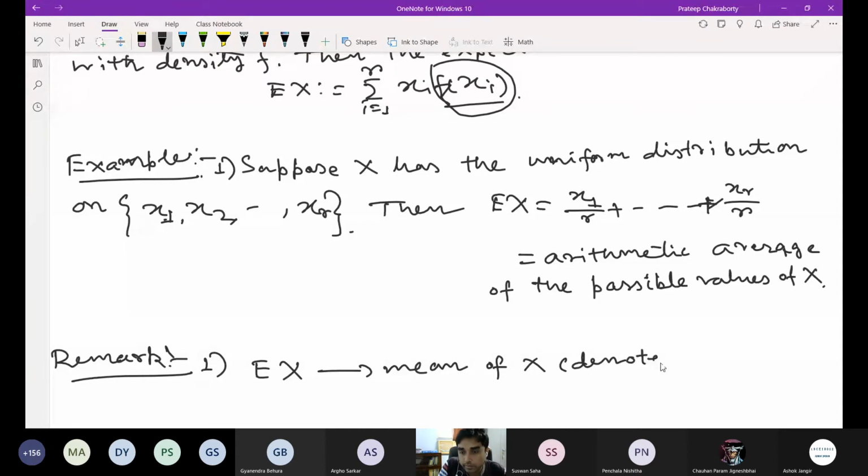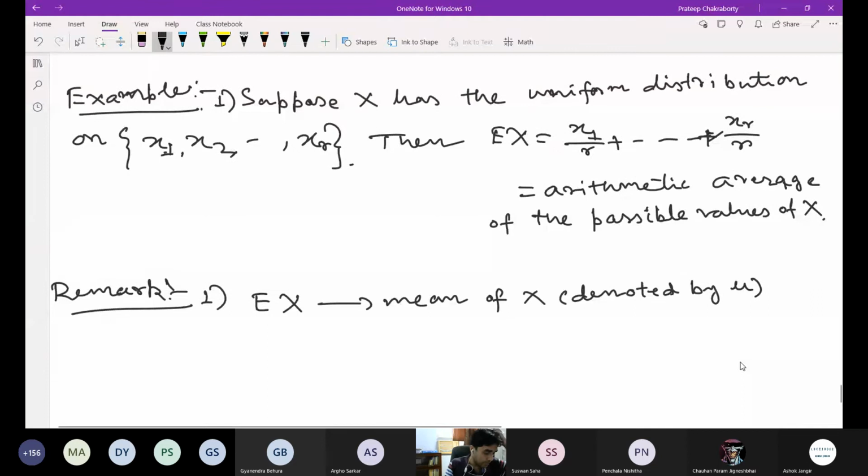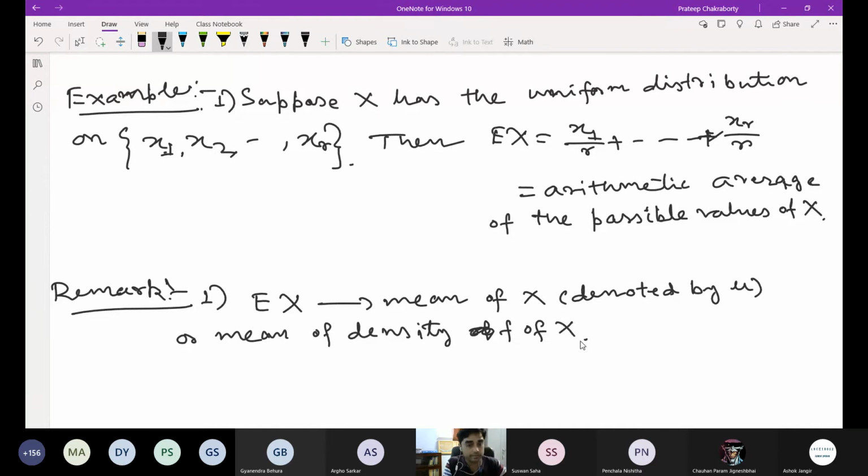So you also denote Ex by mu, or you also say the mean of the density f of x.